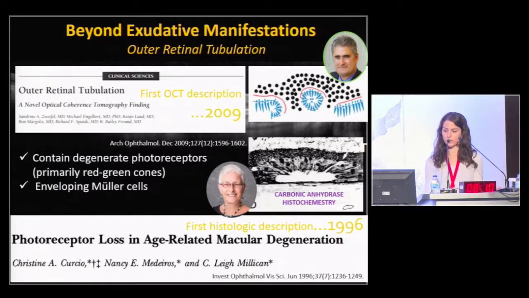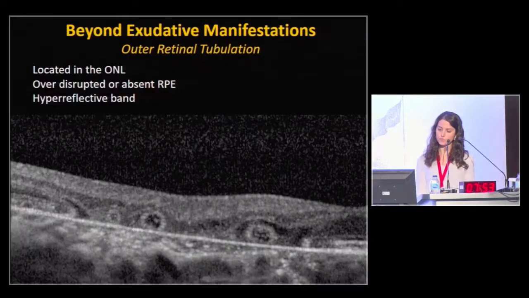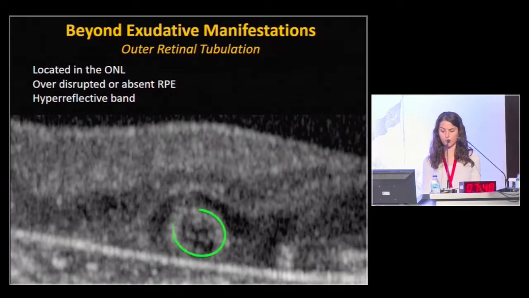And thanks to her, we know that these structures mainly contain degenerated photoreceptors, red and green cones, and are also enveloped by Muller cells. It's important to know that these hyporeflective structures have a hyperreflective band that characterizes these lesions. Those are located in the outer nuclear layer over disrupted or absent RPE.